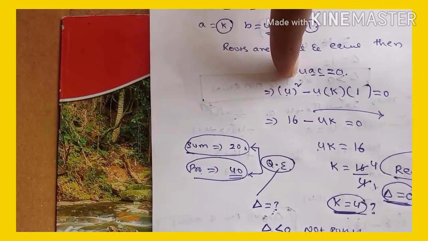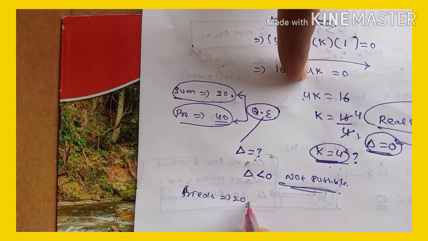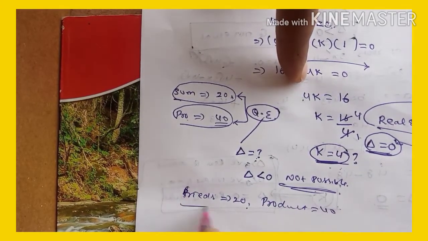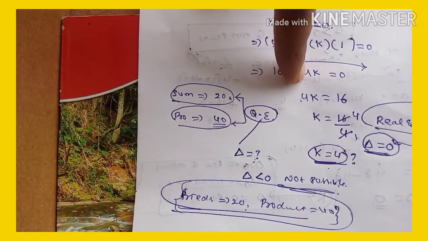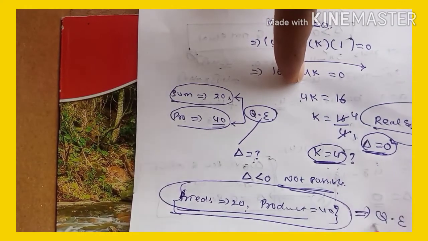In such a case they will give: Ravi, the sum of two friends' ages is equal to 20 and the product of their ages is equal to 40. Is there any possibility of the above situation? Justify your answer. That will be the question. In such a case you have to convert it into a quadratic equation.